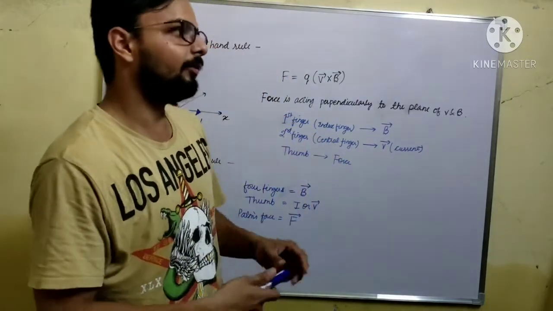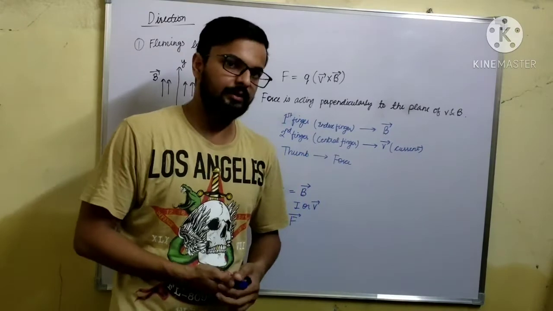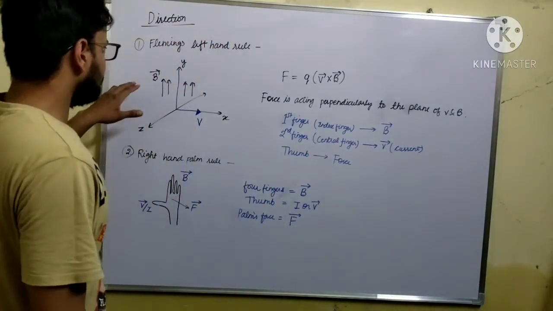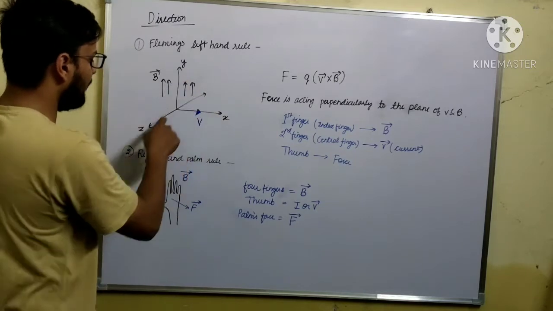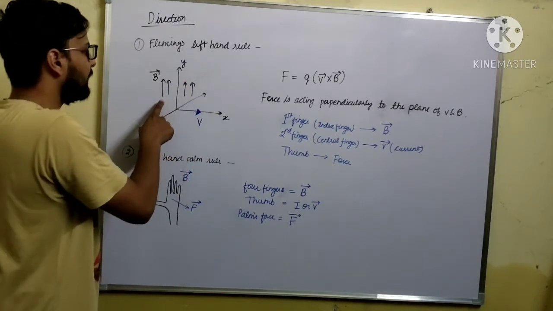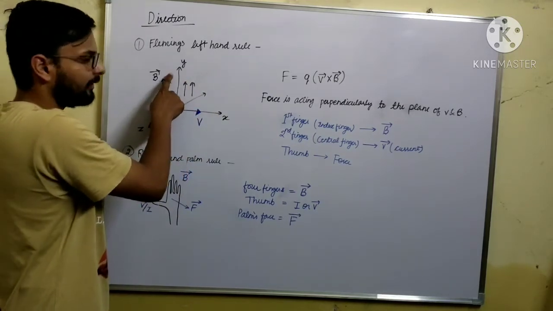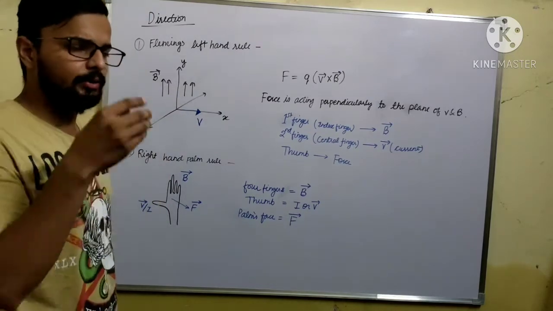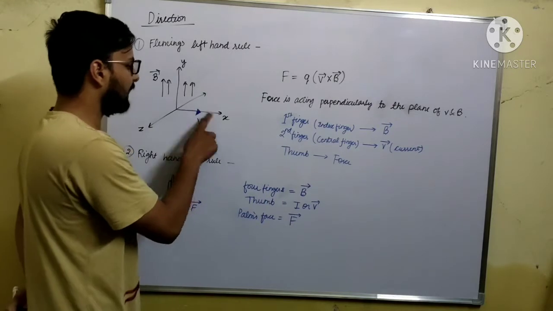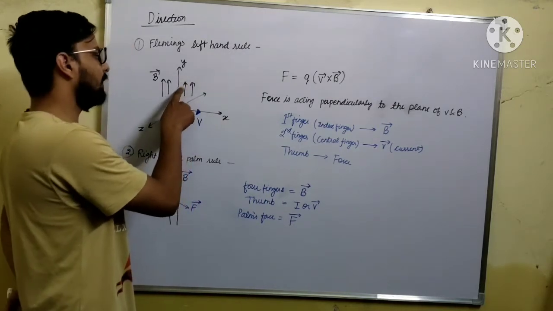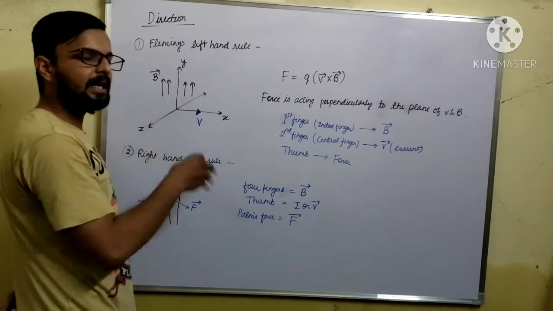Okay, so what does Fleming's left hand rule state? We will see that. Here there are three axes, x, y and z axis, and I have taken the magnetic field along the y axis. You can take it along any axis; if you wish, you can take the magnetic field along the x axis or the z axis, any axis you want.